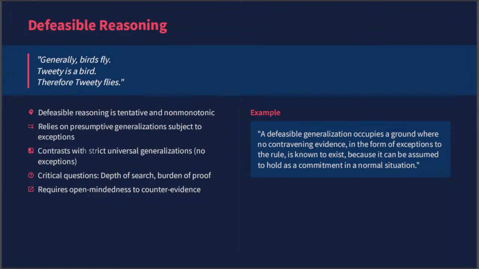It contrasts with strict universal generalizations, when there are no exceptions. But when it starts with a generally, it typically isn't a universal one. Critical questions: the depth of search, the burden of proof. Wow. And it requires open-mindedness to counter evidence.